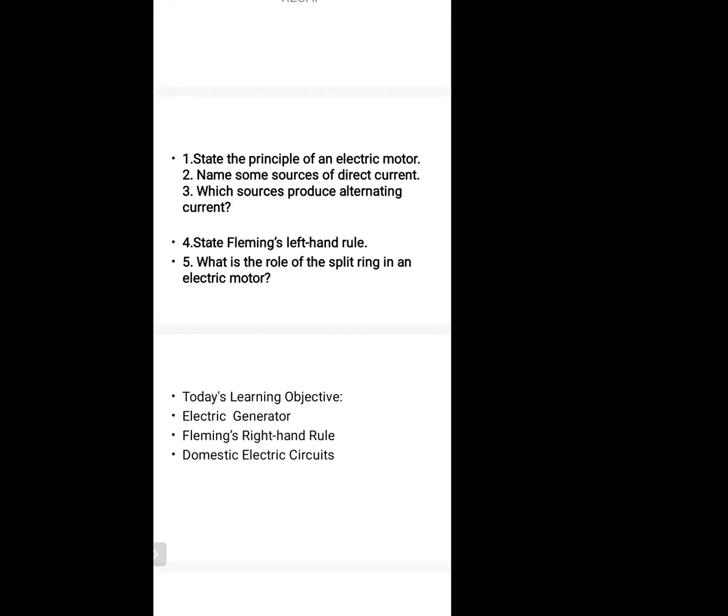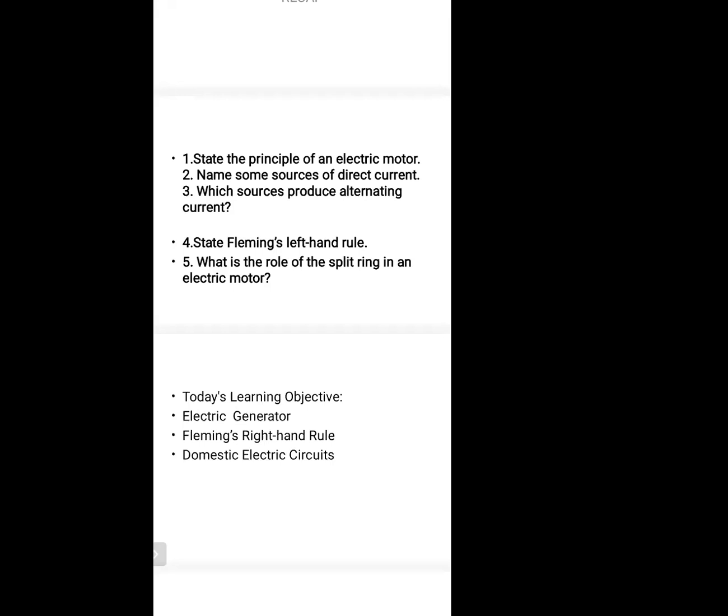This is from the previous session, session 3. It changes electric energy to mechanical energy. When a current carrying conductor is kept in a magnetic field, it experiences force. That is the principle of an electric motor.